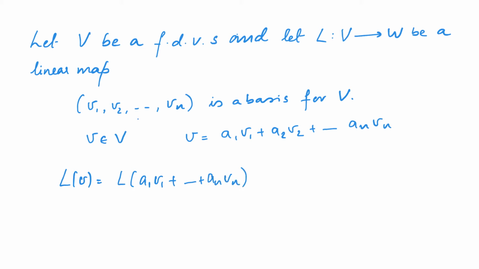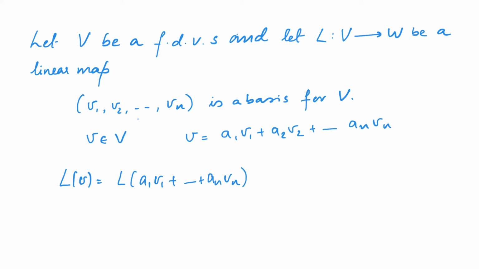Now notice that in the definition of linearity, we just want the image of the sum of two vectors to be the sum of their images. However, this is true in general. The image of the sum of n vectors is equal to the sum of their images. And this proof is a simple application of mathematical induction. Therefore, I leave that as a homework.